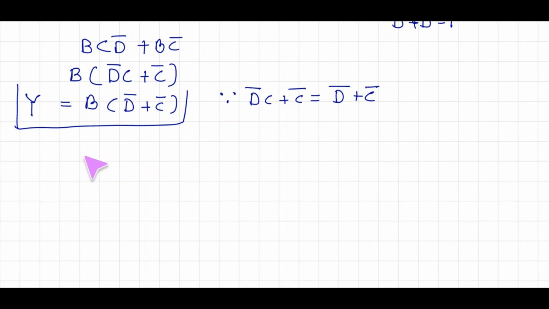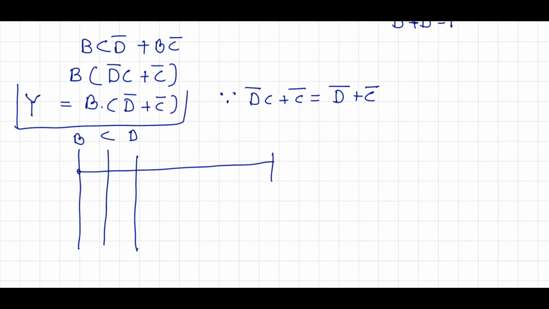Here it is b, here it is c, here it is d. It is an ANDing operation. So b is given to one AND gate where the other terminal needs d bar plus c bar.